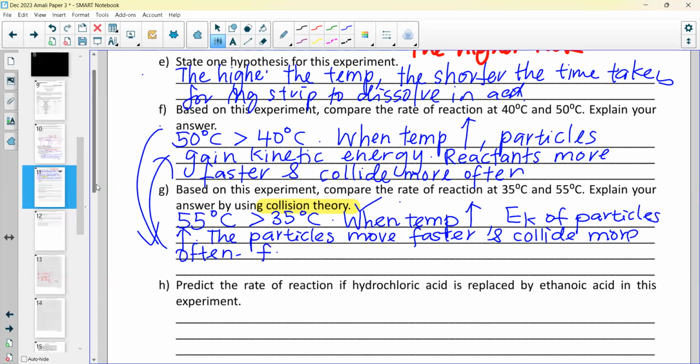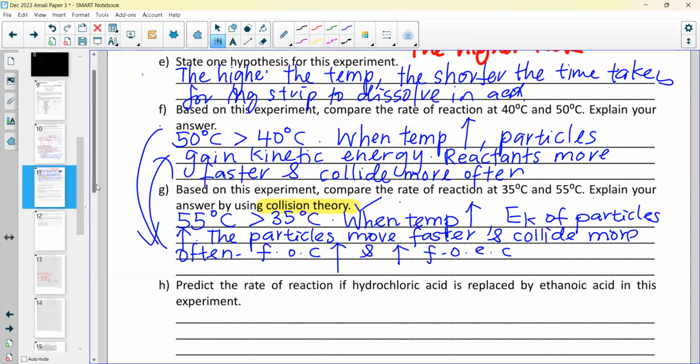Frequency of collisions increases and the frequency of effective collisions increases as well. Okay? So Celine, the symbols: FOC, frequency of collisions. FOEC, frequency of effective collisions. Okay?